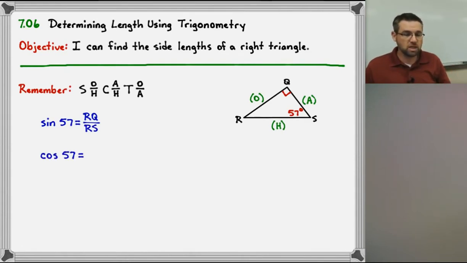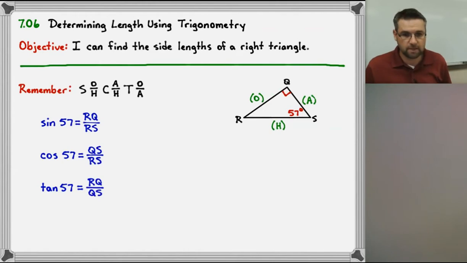Now if I want cosine of 57, cosine of 57 is adjacent over hypotenuse, so it would be QS over RS. And then the tangent of 57, that's going to be the opposite over the adjacent, so that's going to be QR over QS, or RQ over QS, okay? Now that is if I'm talking about the angle S, the 57 degree angle.